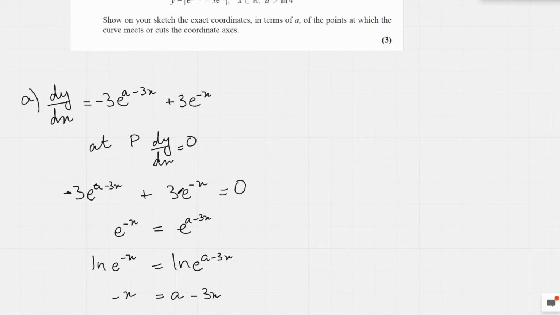When we simplify this further, we get negative 3 as a common factor, so we can write negative 3 times e^(a − 3x) minus e^(−x) equals 0. Dividing both sides by negative 3, we are left with e^(a − 3x) minus e^(−x) equals 0, and then we add e^(−x) on both sides.